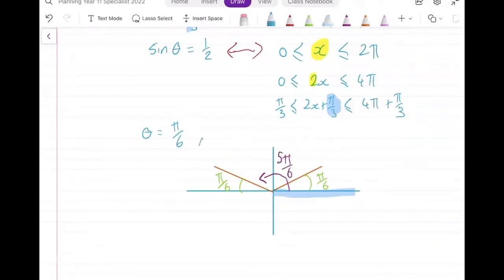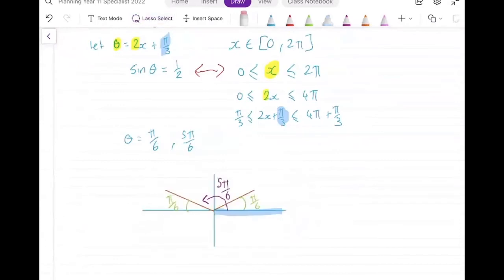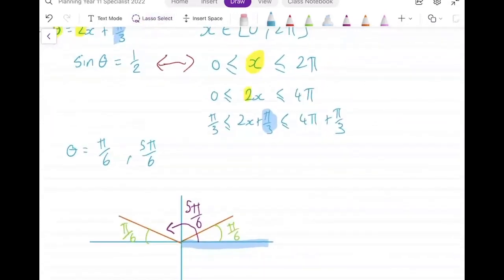So right now I've figured out 2 solutions. I have pi/6, I have 5 pi/6. However, I'm going between these boundary conditions over here. So I'm going between pi/3 all the way to 4 pi plus pi/3. And in actual fact, let's simplify my domain just a little bit more to make this slightly easier to read. So I have pi/3, that part's going to stay the same.